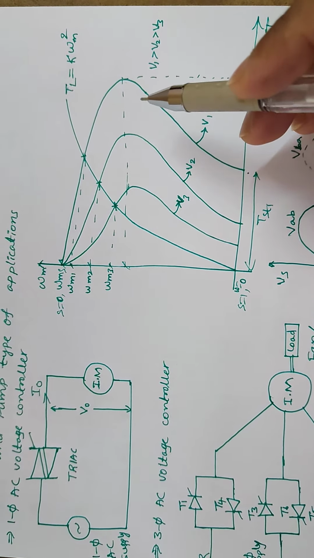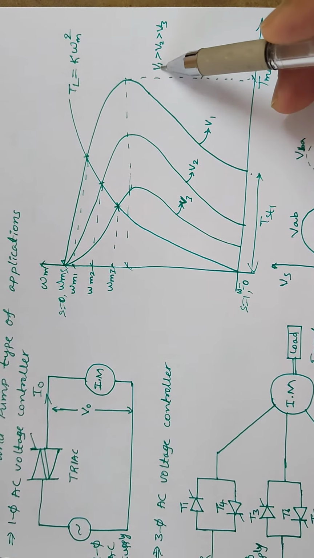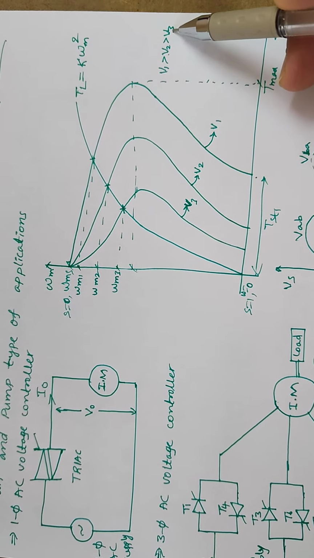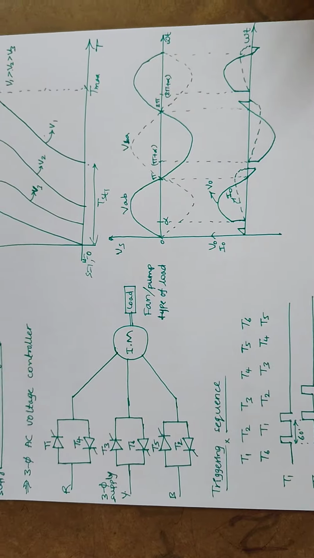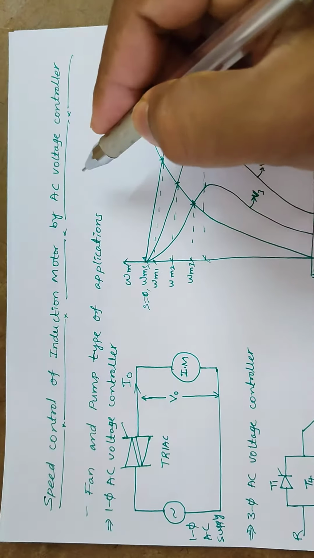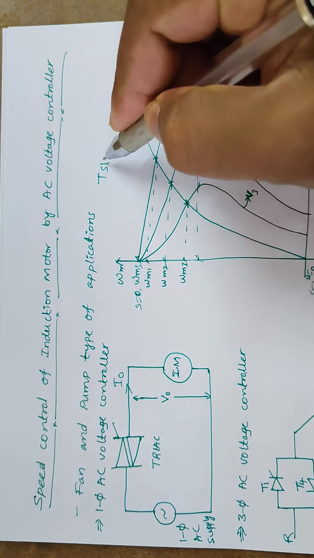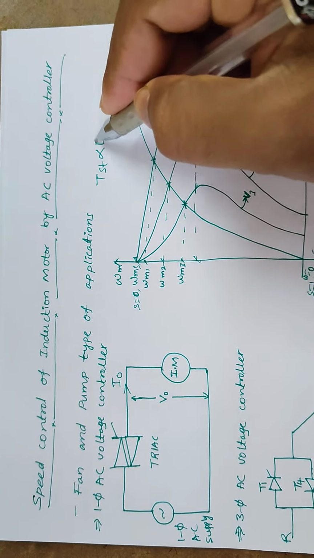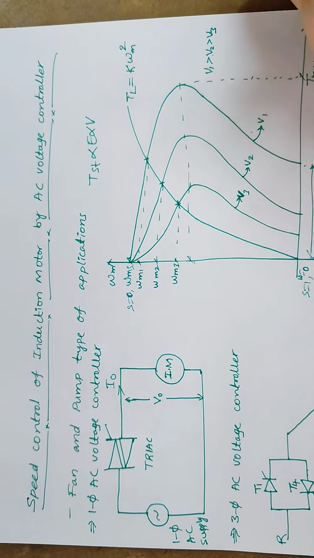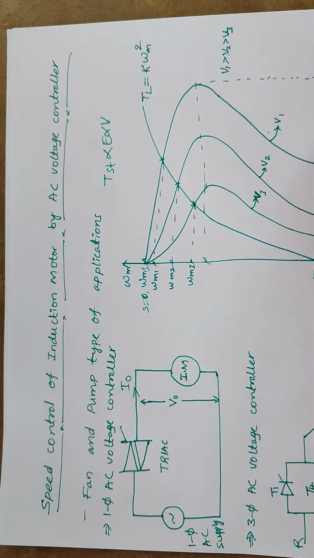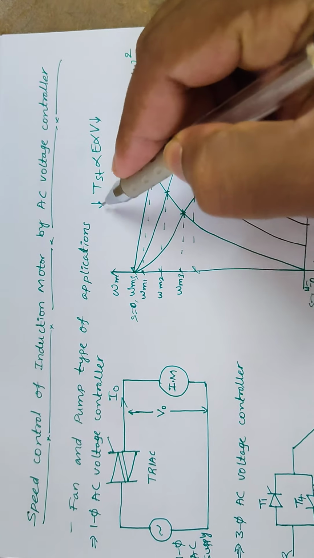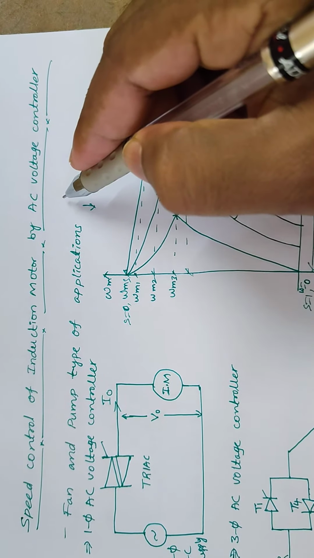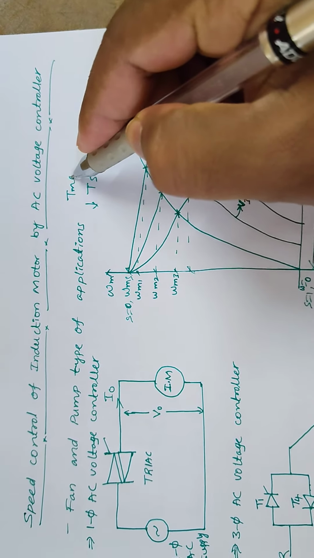When you are decreasing the voltage, see here V1 is greater than V2 is greater than V3. Starting torque is directly proportional to E, which is directly proportional to V. That's why when you are decreasing the voltage, your starting torque also decreases.